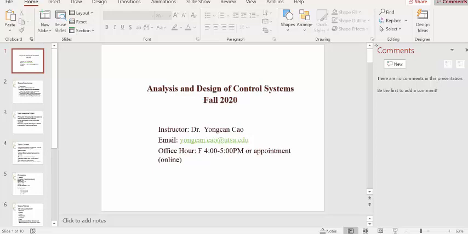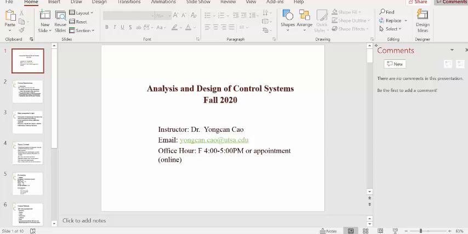For example, what the policies are if you have to miss exams or homework, and how we determine your final grades. If you have any questions, you can contact me and ask about specific policies.